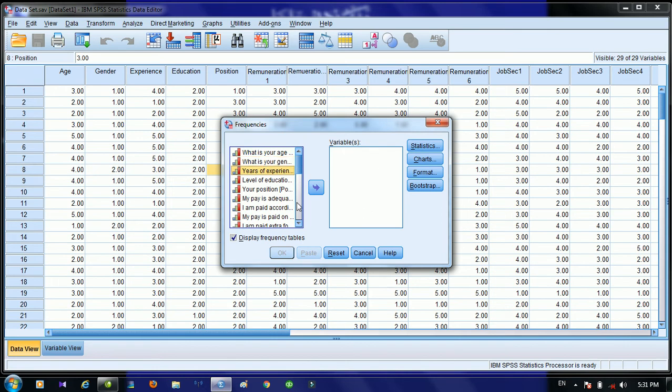In the right box, we will select the variables for which we want to find the frequency analysis. Now the first one is what is your age, what is your gender, what is experience, and so on. Suppose we are going to analyze gender, so I'll select gender, then I'll click on the arrow. So what is your gender? Now we will click on OK.